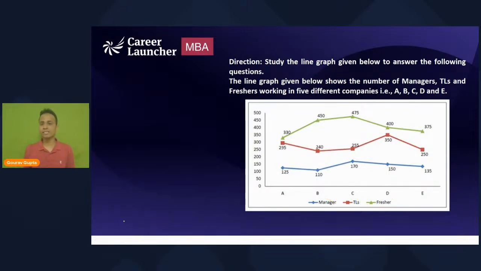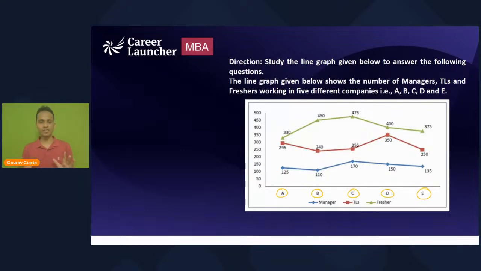So the data is giving you the number of three types of employees in a company, not in one company, but they have given the data for 5 companies, and the company names are A, B, C, D, and E. So the data is about 5 companies and the number of different types of employees: managers, TLs, and freshers.